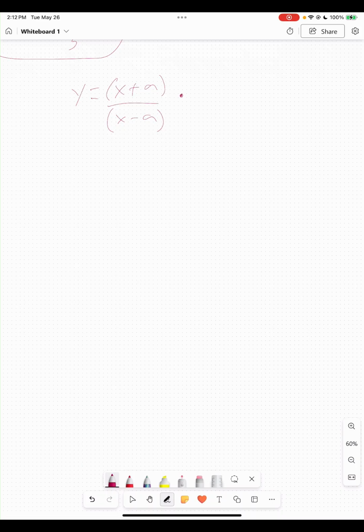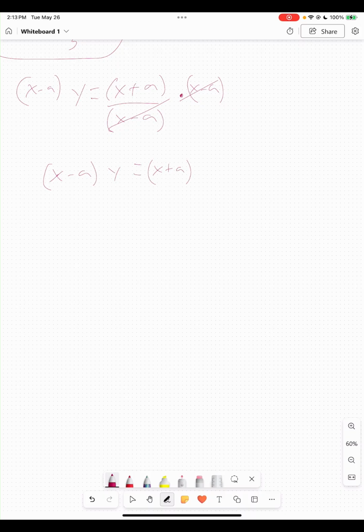So I can multiply both sides of this by x minus a. Like, let's get rid of this term in the denominator first. That will get rid of this from this side. And then I get x minus a times y equals x plus a.